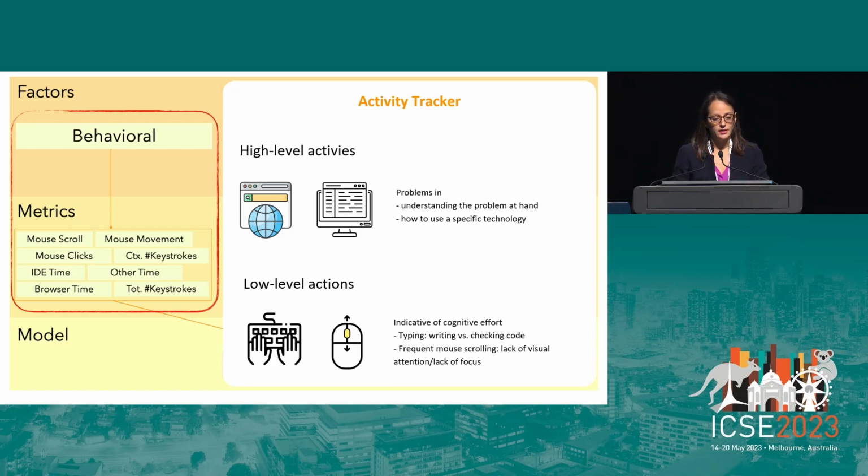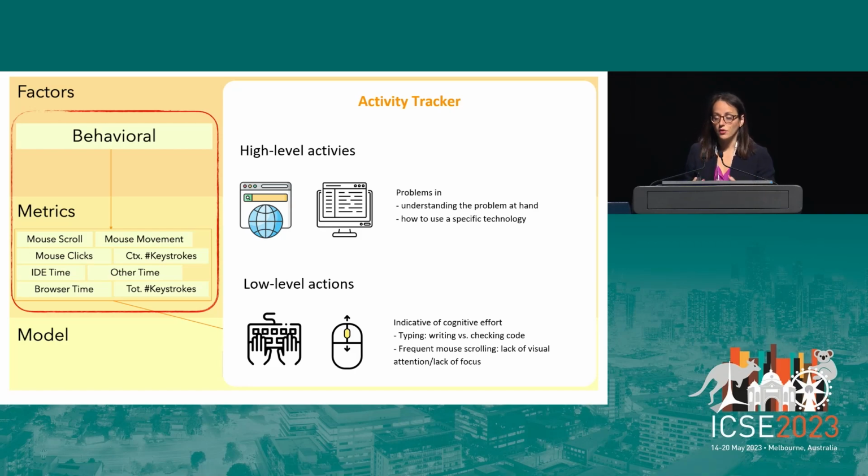because they're searching for an alternative solution to, for example, develop some methods or some functions. And at the lower level, we also monitor some other kinds of action, which might be an indication of cognitive effort, such as the scrolling behavior with the mouse, and the typing behavior, which can be an indication of the fact that the person is either typing and writing code, or is actually checking the code when he or she is not writing.